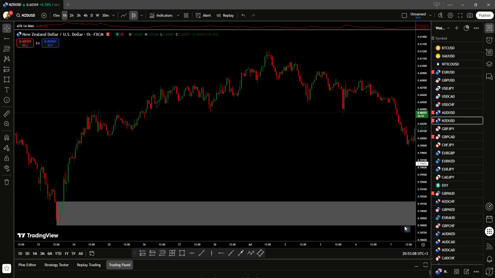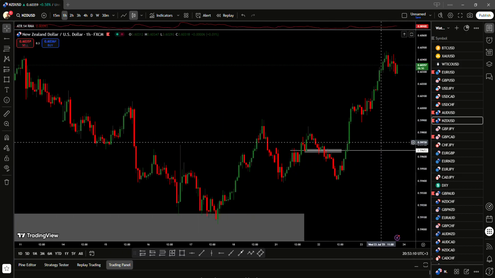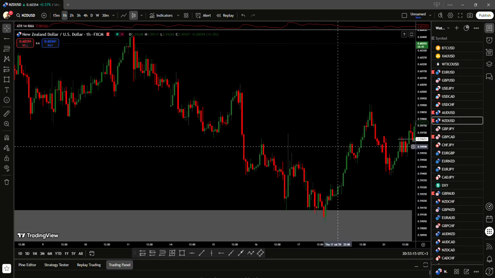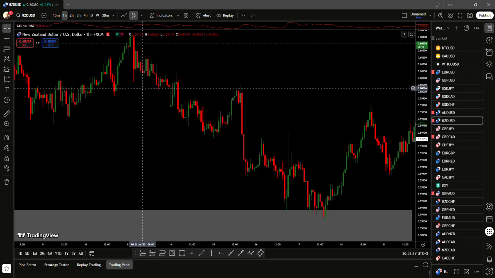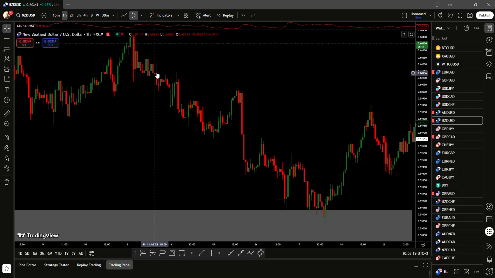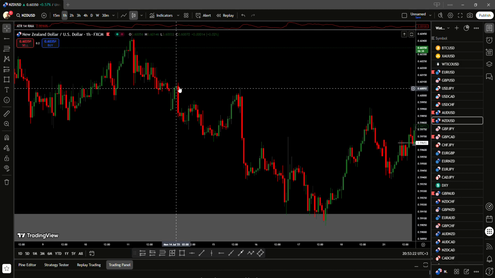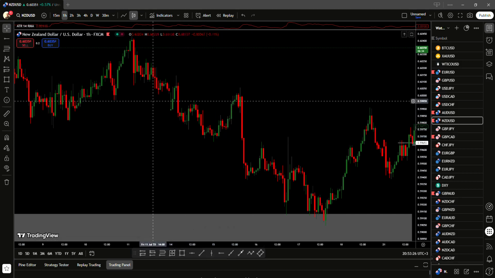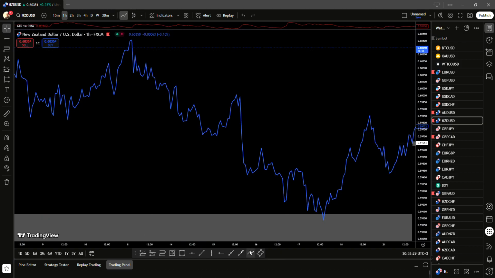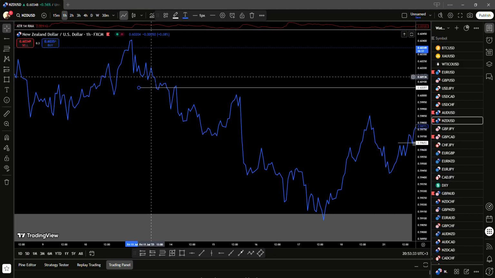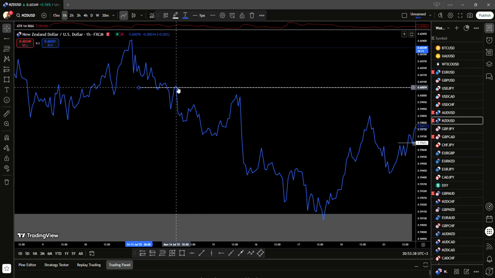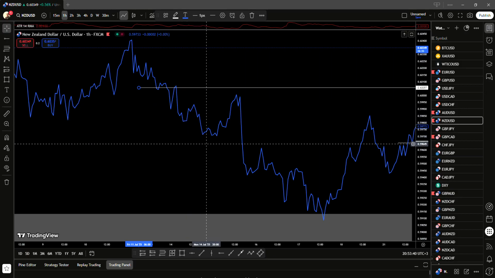NZDUSD. Okay, so NZDUSD we have one here. Support broken, turns into resistance, and then price drops, breaking structure. So when it comes back there, go to the line chart so you can see it well. You see this is support, goes back, breaks the support, uses it as resistance, then drops down, making lower lows, lower highs.